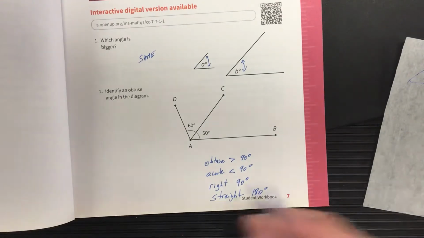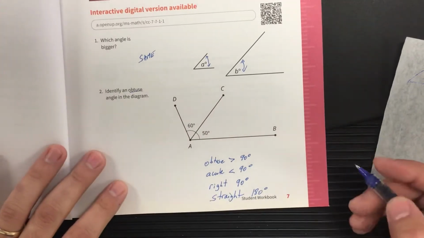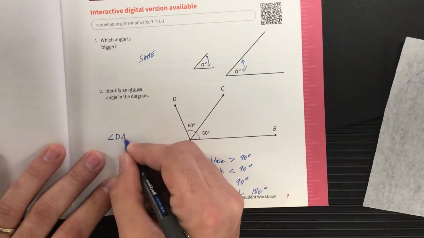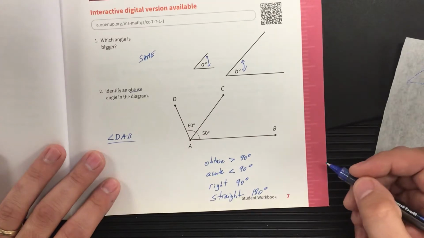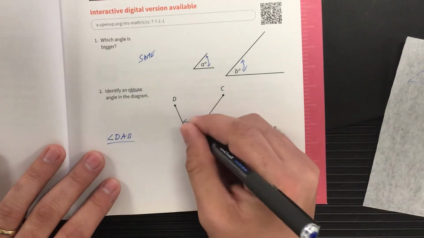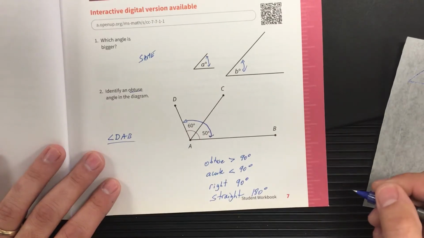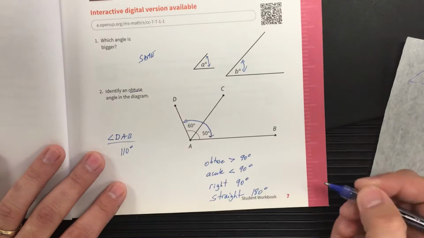Knowing that, we're looking for an obtuse angle, so we know it has to be over 90 degrees. Jackson: DAB. Angle is usually going to be named with 3 letters. DAB would be this whole angle here. How many degrees is DAB? Cruz: 110. 60 plus 50.